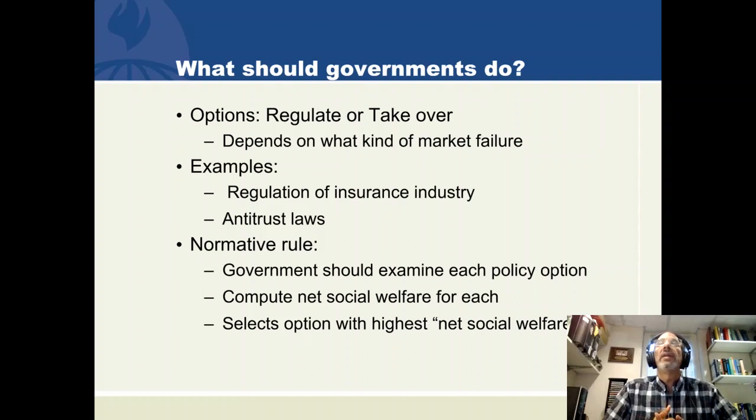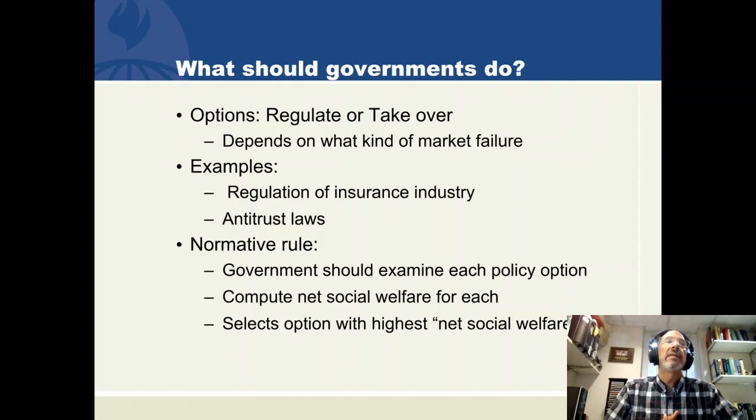So to answer what should governments do, they should examine each policy option, they should compute the net social welfare of each, and they should select the option with the highest social welfare. Throughout this course, we'll go back to that W equals the sum of utilities equation that we started with, and we're going to ask government planners to make a model of social welfare and ask, what is W under policy A, policy B, policy C?